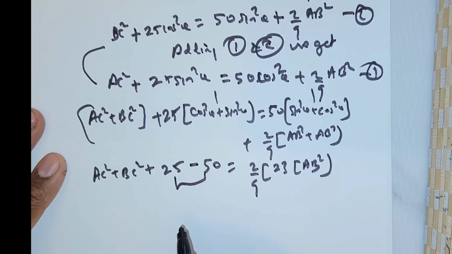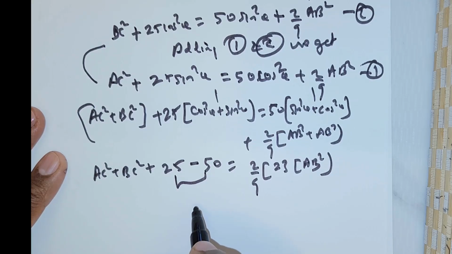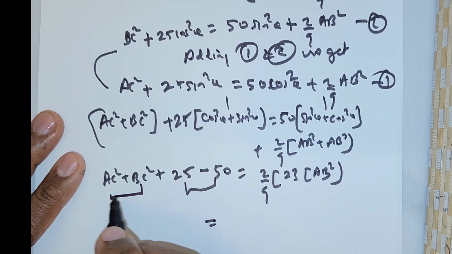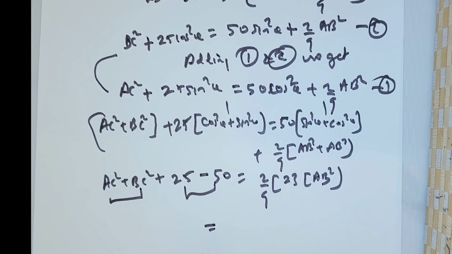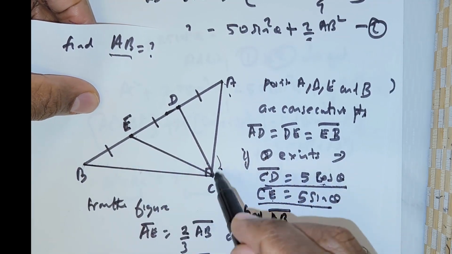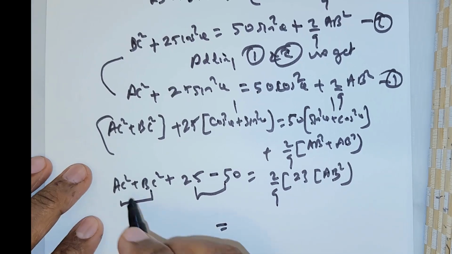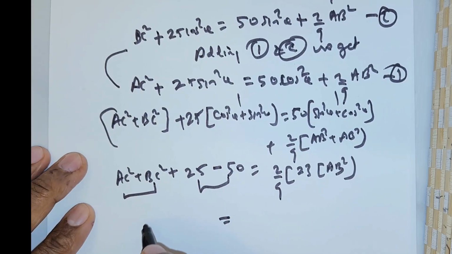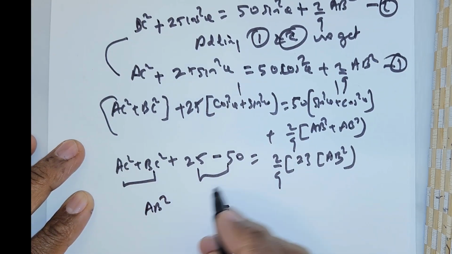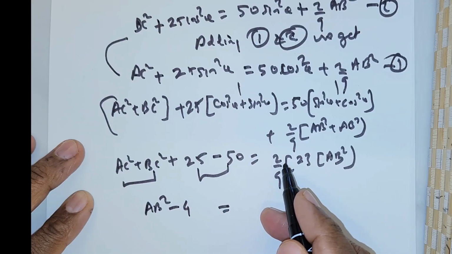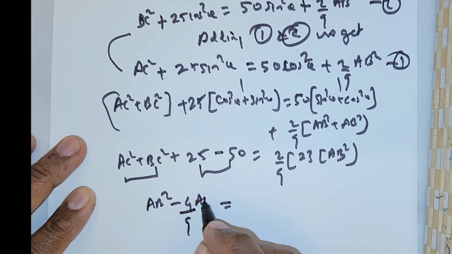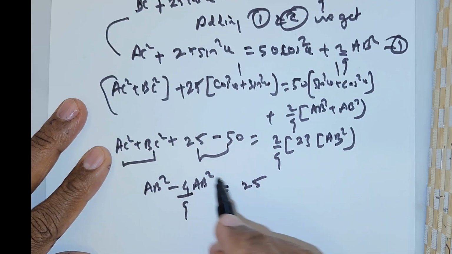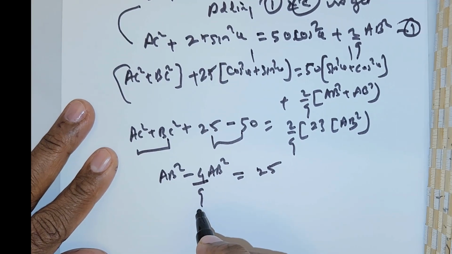So this is going to be a negative 25. I don't want a negative 25, so I push it to the other side. Now watch out, AC squared plus BC squared. This is a right triangle. So by Pythagoras, this is going to be AB squared. So AB squared, you bring this down, you get 4 over 9 AB squared on one side, and on the other side you have 25, because it's a negative, it goes the other side and becomes positive.